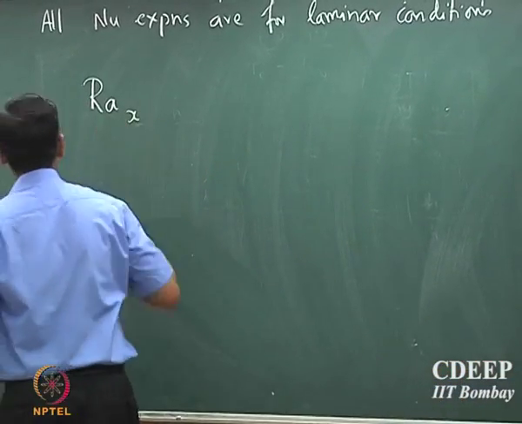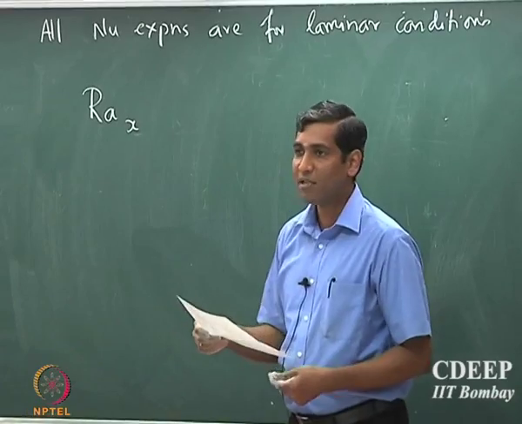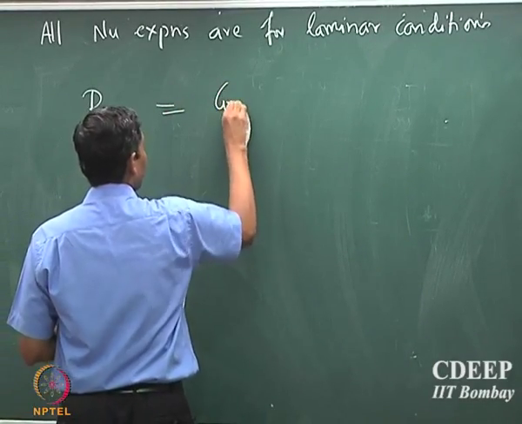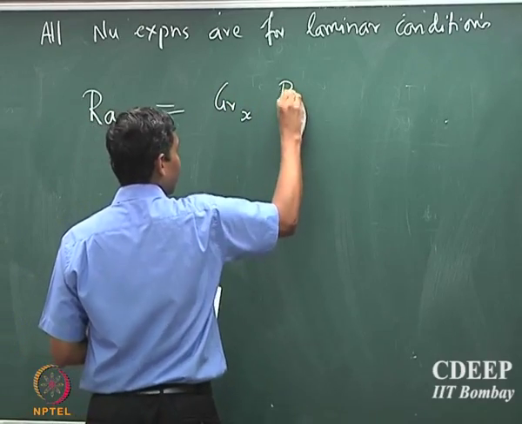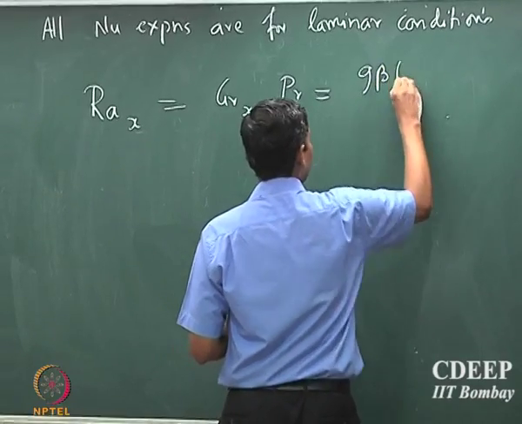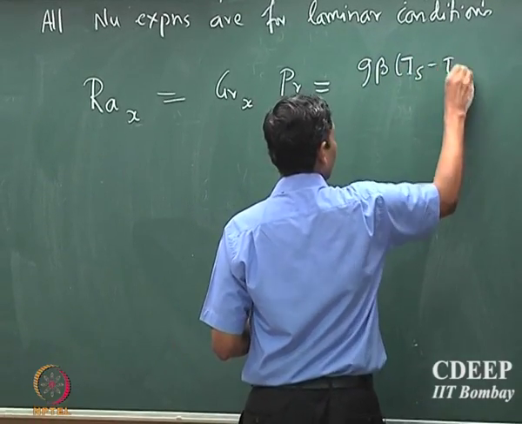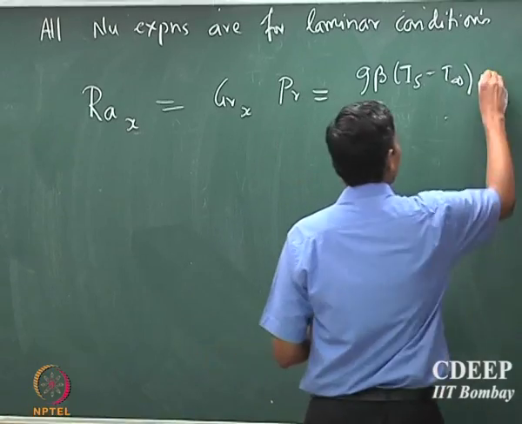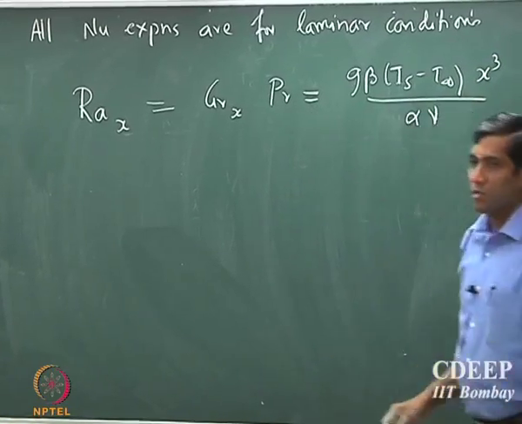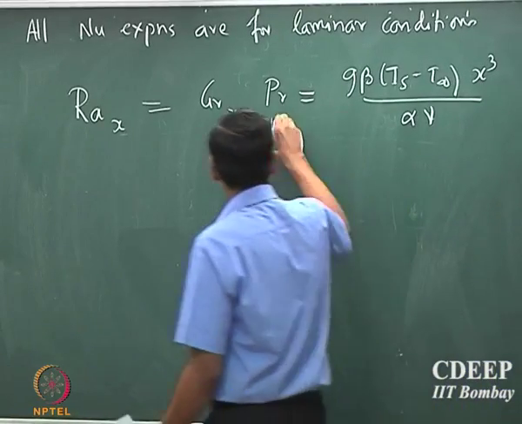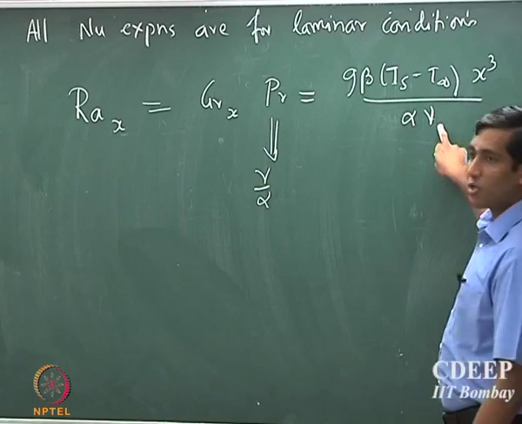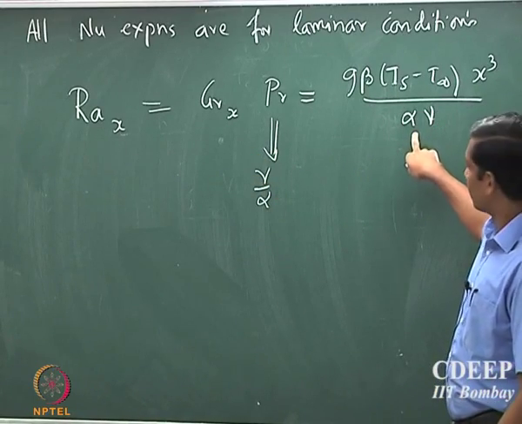We define the Rayleigh number based on the length, which is the product of the Grashof number based on the length multiplied by the Prandtl number, and that is given by g beta (Ts minus T infinity) x cube by alpha into nu. Remember the Prandtl number is nu by alpha. I multiply it by the Grashof number, so the nu square cancels off and you get an alpha here.